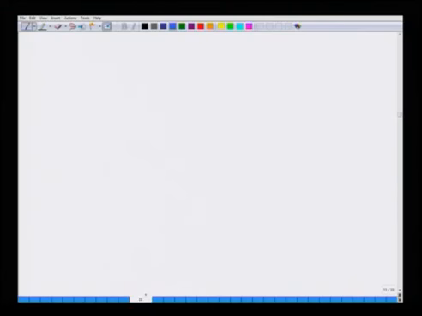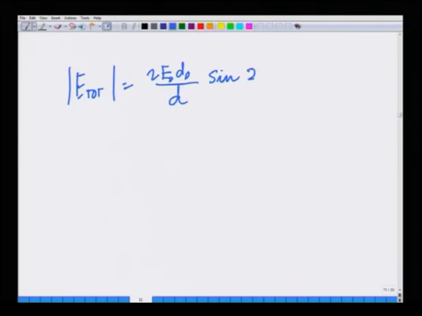Now, I am going to substitute this delta D back in the expression where we are saying magnitude E total is nothing but twice E naught d naught by d into sine of 2 pi delta D by 2 lambda.